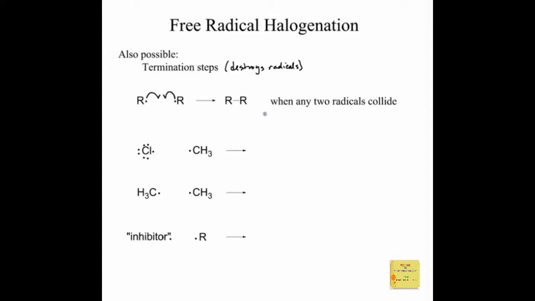So this would be a way of stopping a chain reaction. Now, why did I put this separately? Because although it's possible to have Cl dot reacting with methyl dot, and that would be a way to possibly make the chloromethane, this is going to be a very rare reaction. Having two radicals collide is a rare reaction because any radical that you have exists in very small amounts.